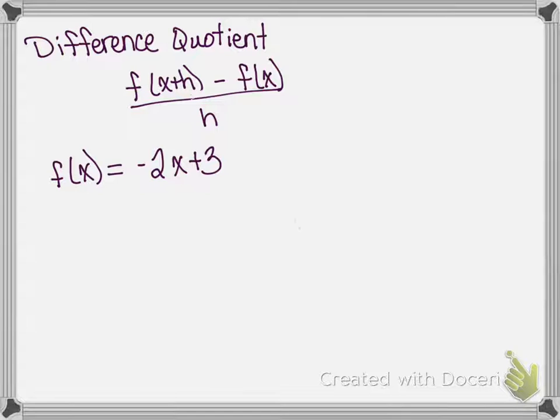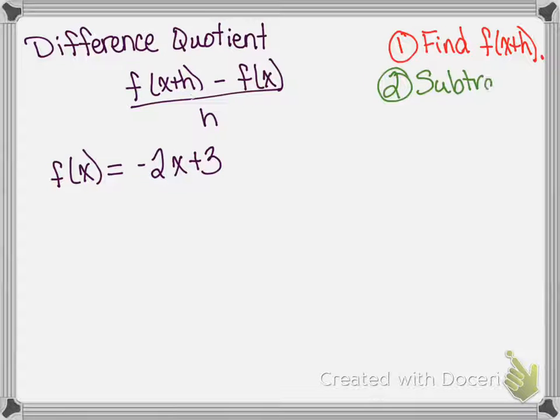So the first thing that we do in this process is we find f of x plus h. So we're going to find f of x plus h. And what that means is I take x plus h and I plug it in for the x in the function that I'm working with, in the negative 2x plus 3. The next thing that I do is I am going to subtract the original function.